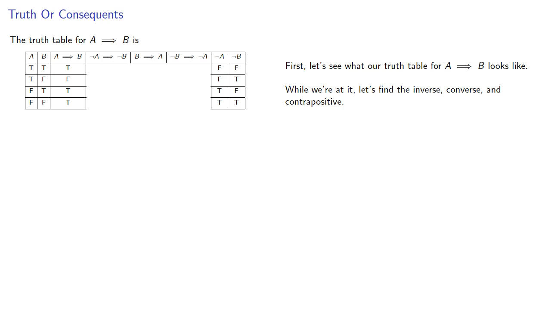And again, the conditional is false only when the antecedent is true and the consequent is false. So for our inverse, that only occurs here, and the rest of it's true. And we can find the truth values of the converse and contrapositive.